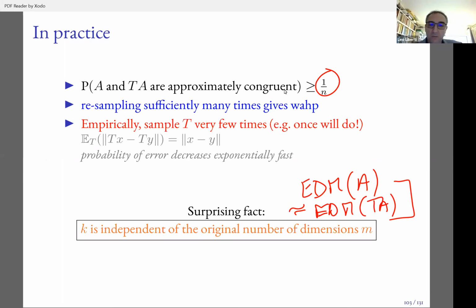Why does this work? This works because in fact, it's very easy to show this result, okay? So on average, the distances will be equal, okay? And then the concentration of measure result tells you that the probability of error decreases exponentially fast.